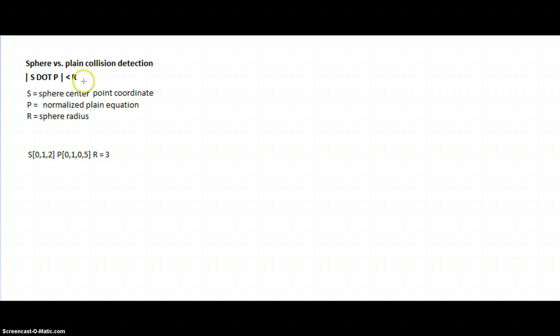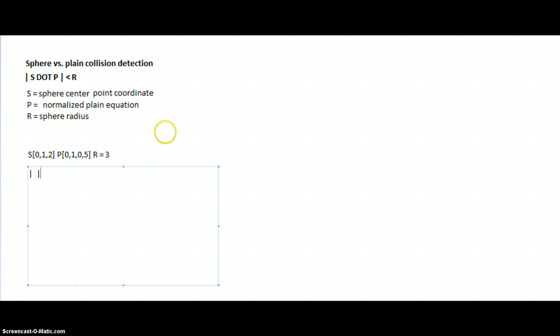So I have these values for each of these here, and I make the calculation using those values. Let's make the dot product. Dot product is just multiplying each of the corresponding coordinates and adding them together.